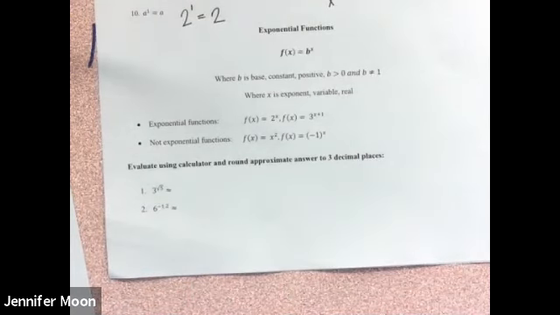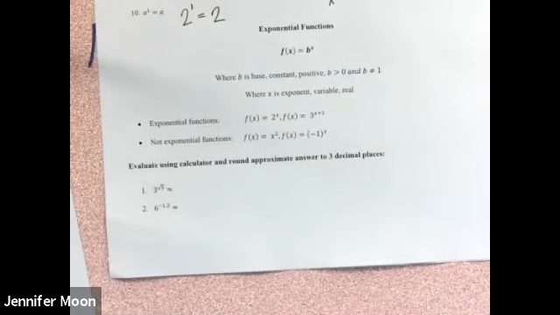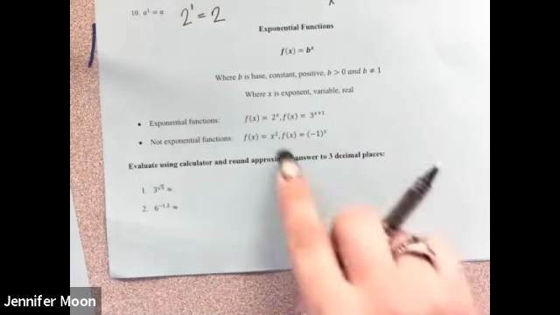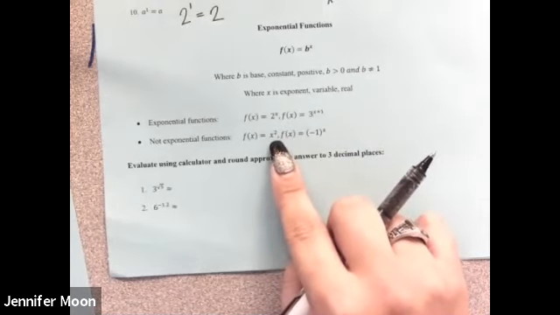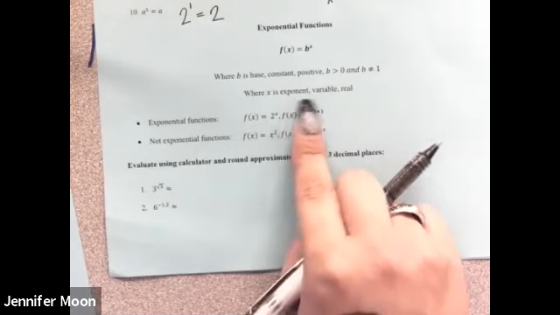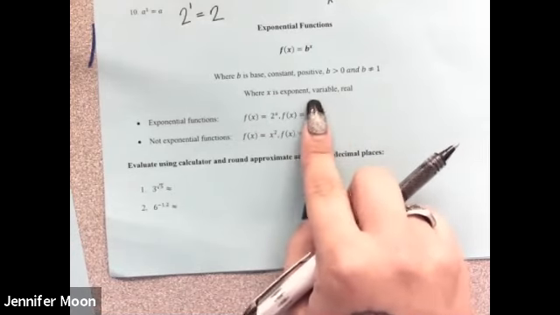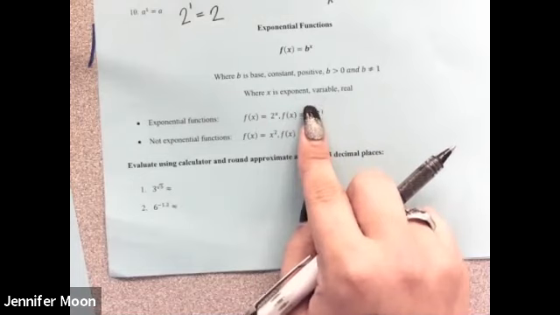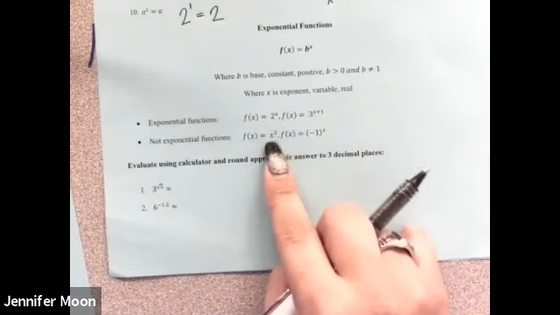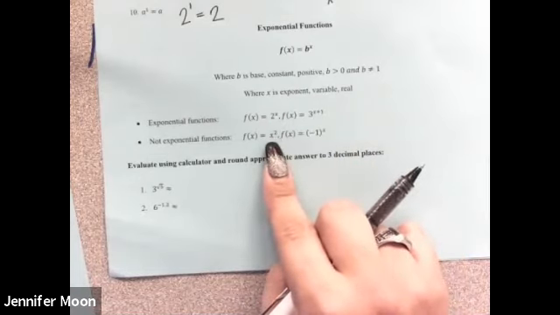If you look at the non-exponential functions, here I have a variable raised to a power, right? A variable raised to an exponent, but my exponent is a constant. It's a number, right? Here I need my x to be a variable. I need it to be something that's not just a number. And so that's why this would fail. Plus my x, that's an unknown, right?